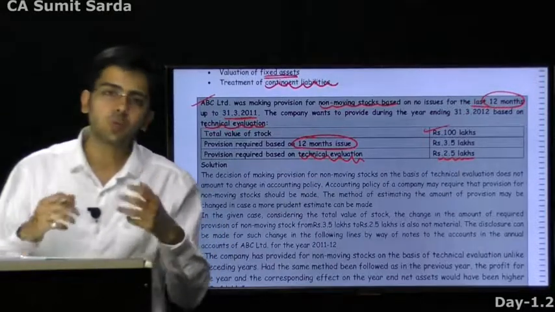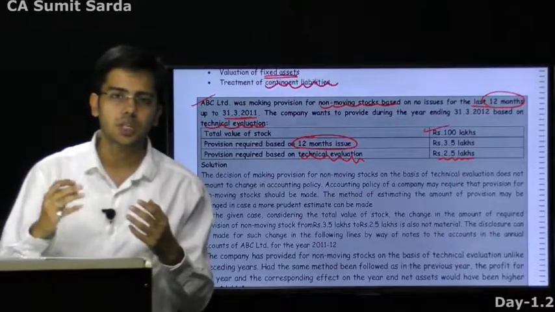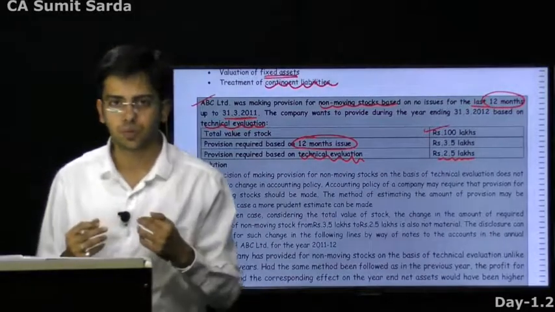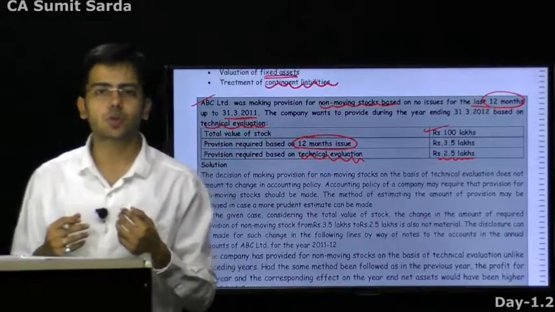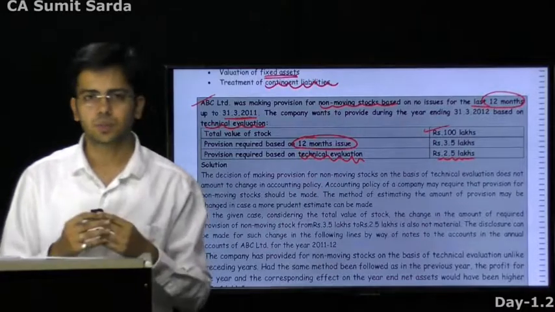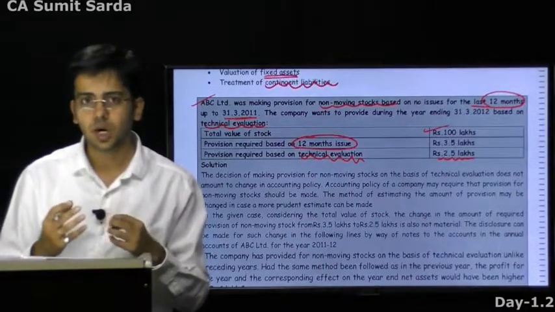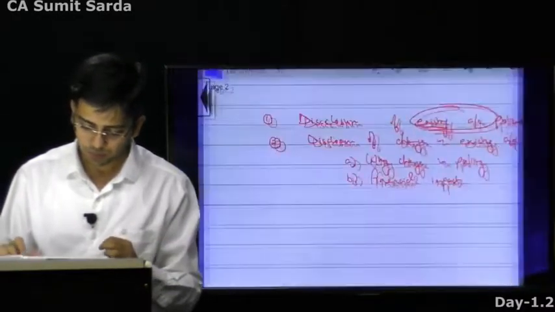What do we mean by estimate, and what do we mean by policy? We'll deal with all these aspects in detail in AS5. We don't need to worry about this aspect. As a CA final student, you should not worry about AS1, AS4, AS5. These are small standards. What you should worry about are the standards we are discussing in detail. So we'll move ahead.